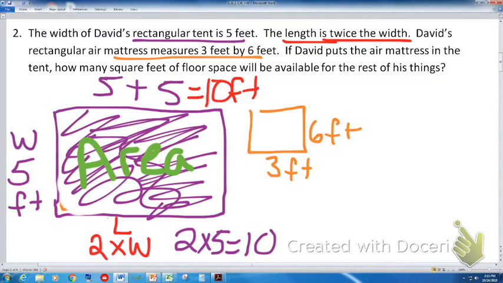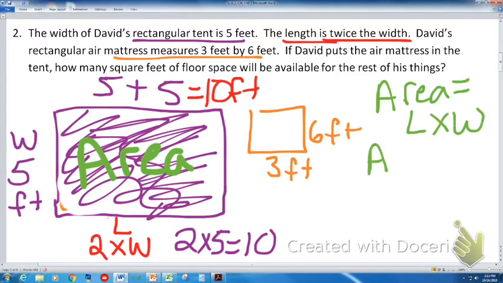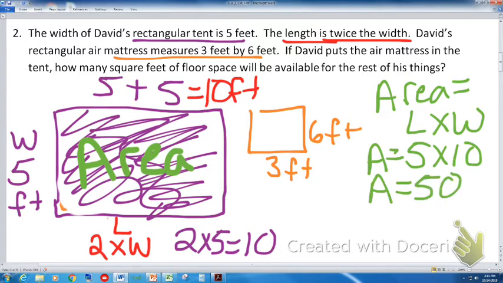Don't forget, area equals length times width. So the area of David's tent is equal to 5 times 10, which is 50 square feet, or 50 feet squared. So that's David's tent.